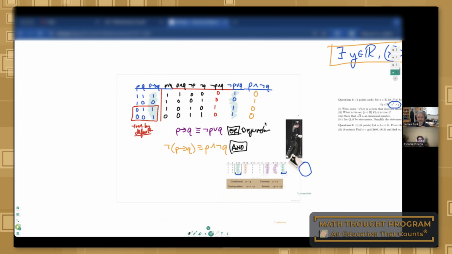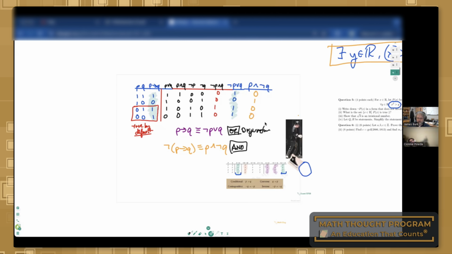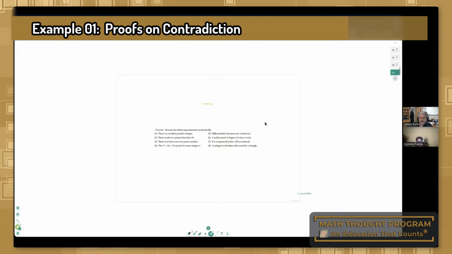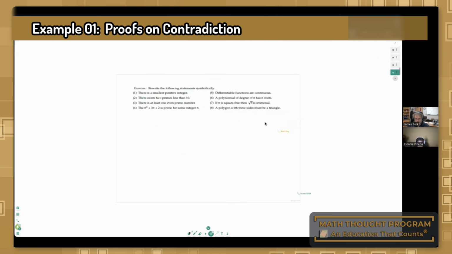After you've written it symbolically, start applying all these different identities to make it crank out what you need. Let's just say for the moment you want to take these phrases and recalibrate them symbolically, a little more formally.